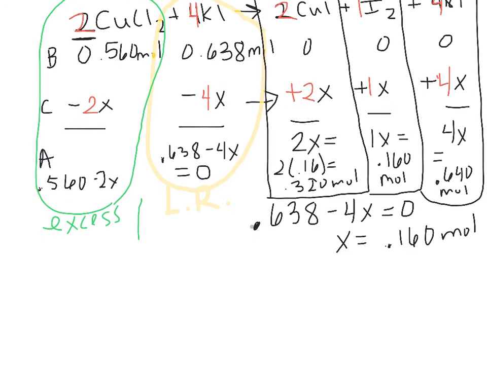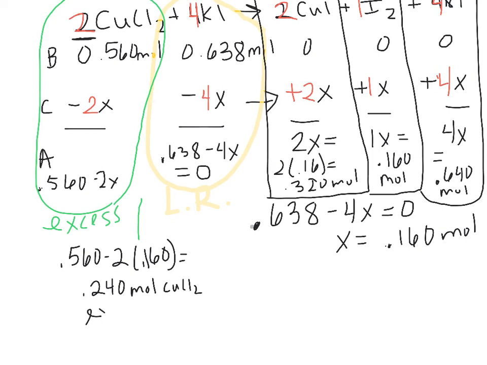There we go. So we have already claimed over here on the left that 0.560 minus 2x. We said x was going to be 0.160. Okay, so I'm just using that equation. And when I solve, I learn 0.240 moles of the copper 2 chloride are in excess.